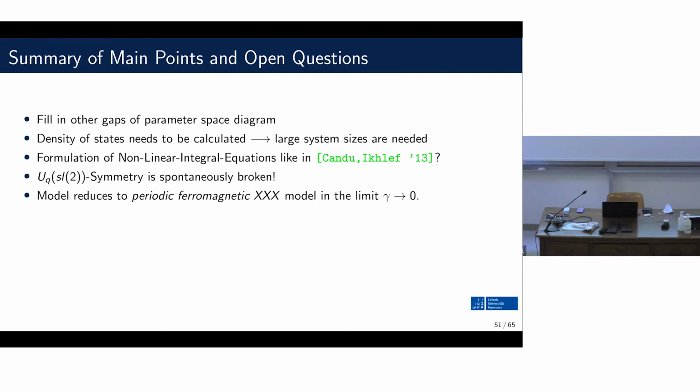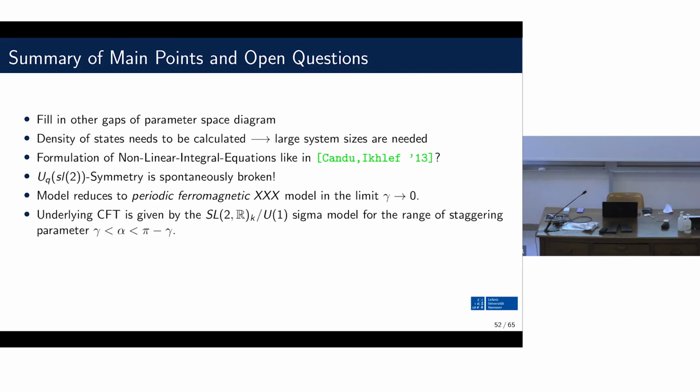I want to close with some points which we find. Due to the symmetry, we have spontaneous symmetry breaking of the ground state, and we have also the ferromagnetic XX model in the limit. This is also different to the periodic one, and the main point is that the underlying CFT is still given by this black hole CFT.